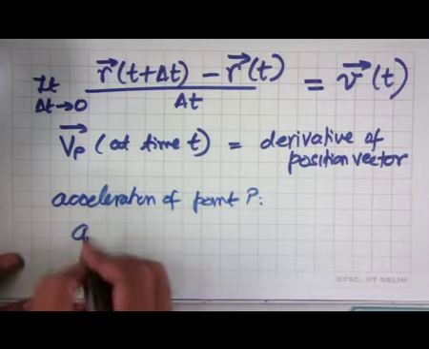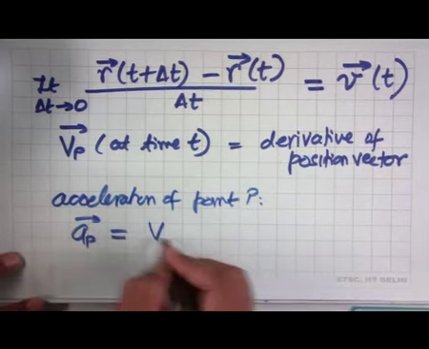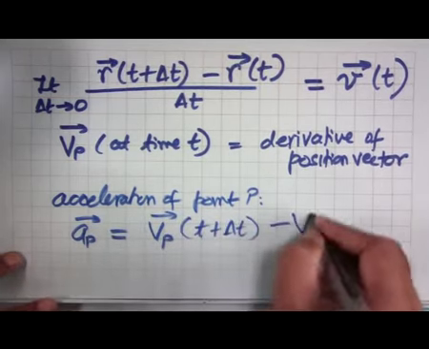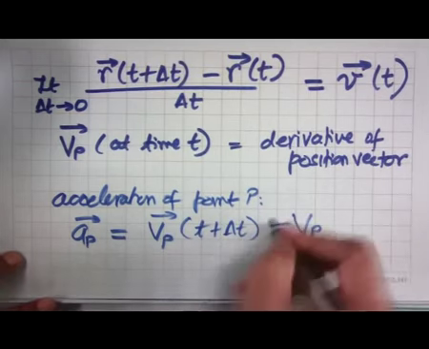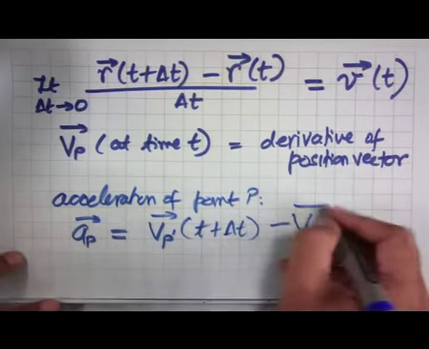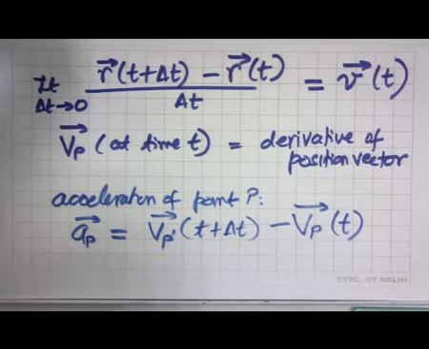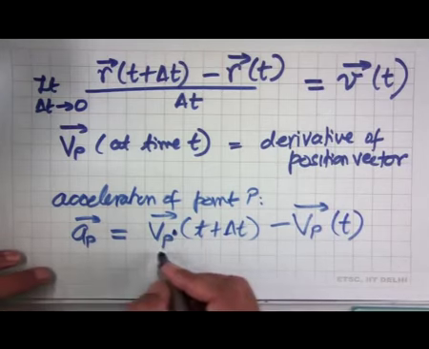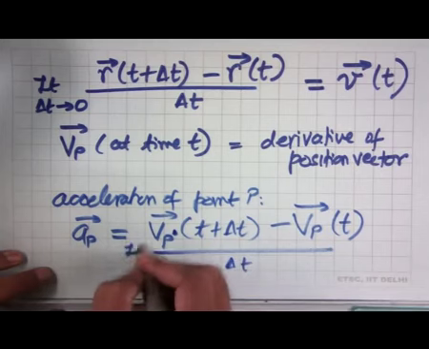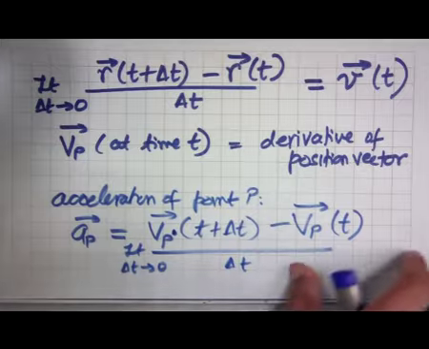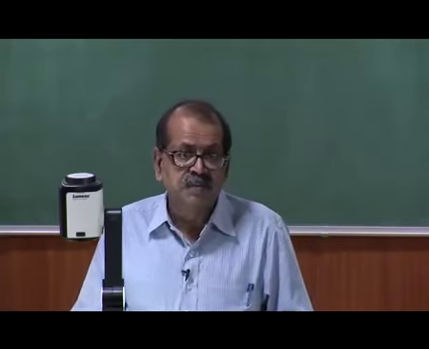So, acceleration of point P is given as the velocity of point P at t plus delta t minus the velocity of the same point P. You could call it P prime, because P and P prime are just different locations of the same material point. And divided by delta t, in the limit delta t goes to 0. If we take the difference between the two velocity vectors, then we get acceleration of point P, which in terms of our starting definitions we will call instantaneous acceleration.